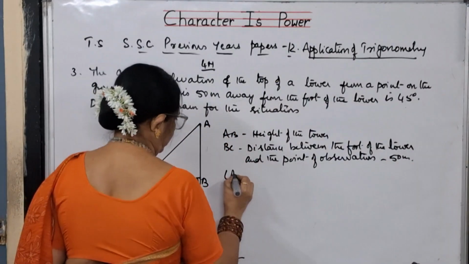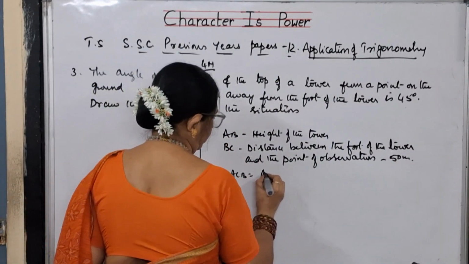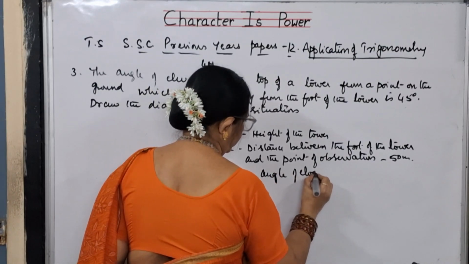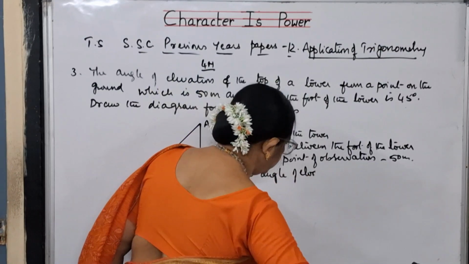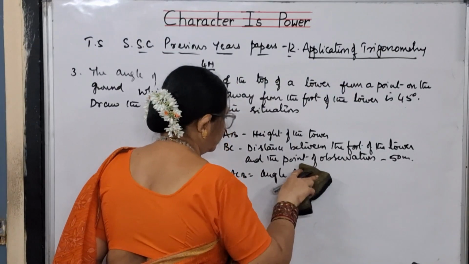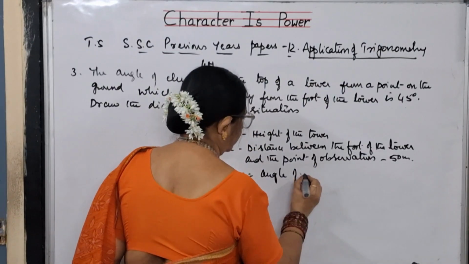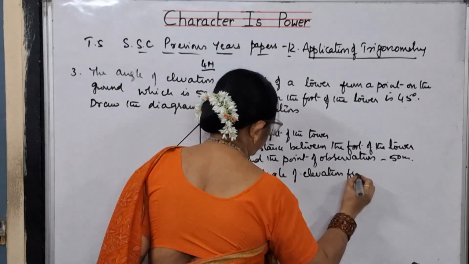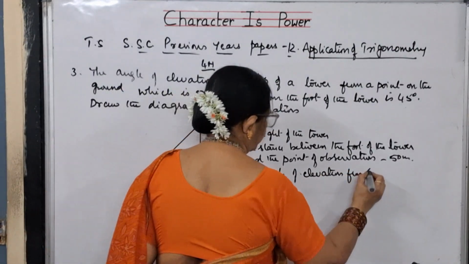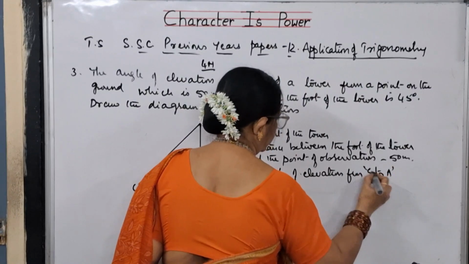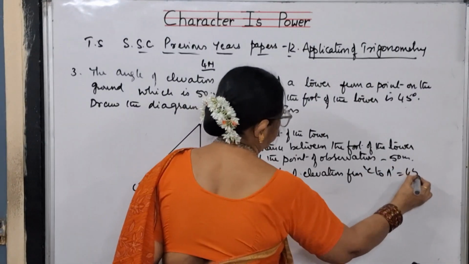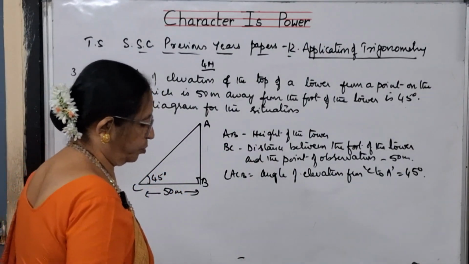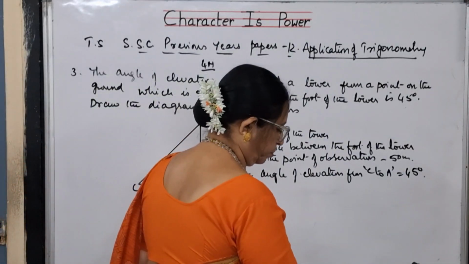And angle ACB is angle of elevation from C to A, that is equal to 45 degrees. This is the figure that is present, children. Copy it.